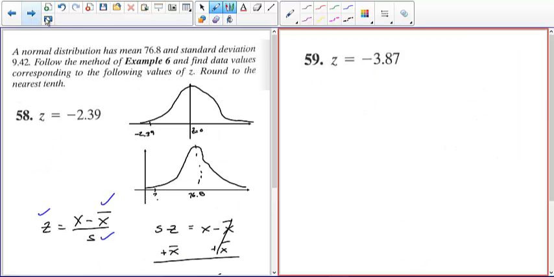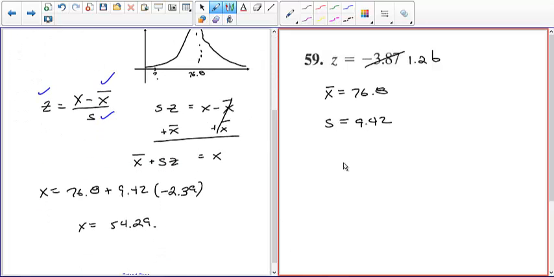So now if we go to the next problem, we've got the same data, and actually I'm going to do something different. I'm going to use a different number that's even more extreme. Let's just say 1.26. So if I'm given a z-score of 1.26 with the mean equal to 76.8 and a standard deviation equal to 9.42, I just use the same equation, which says that the value is equal to the mean plus the standard deviation times z.